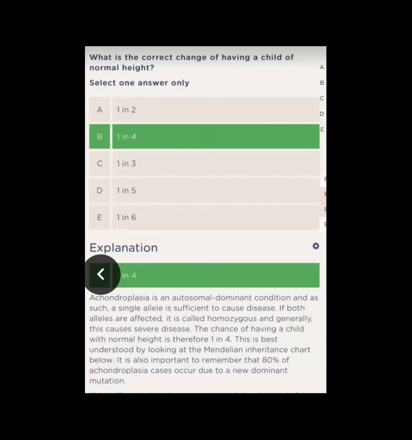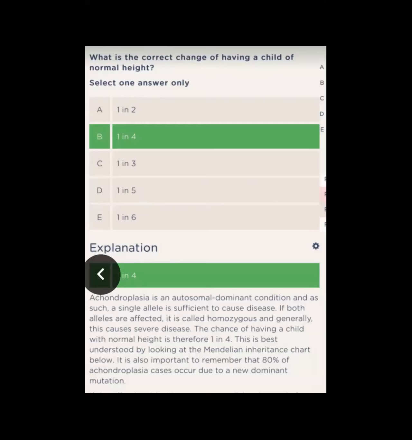In the homozygous state, one child will be severely affected, so there is a 1 by 4 chance that they have a severely affected disease. This is best understood by looking at the Mendelian inheritance chart we already showed you.